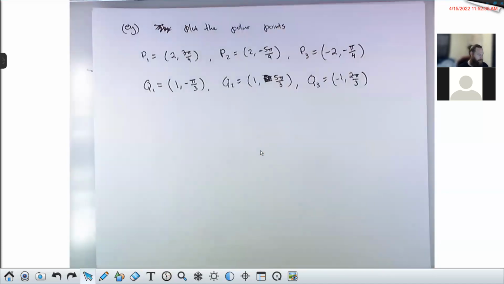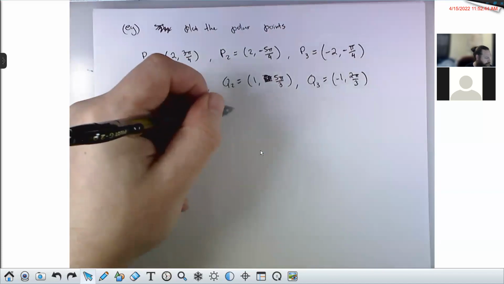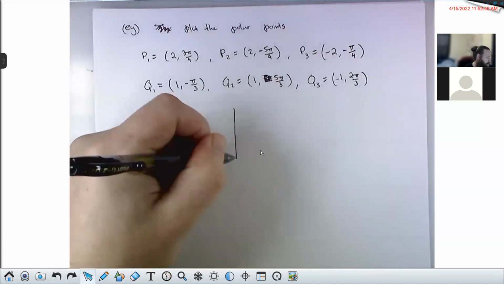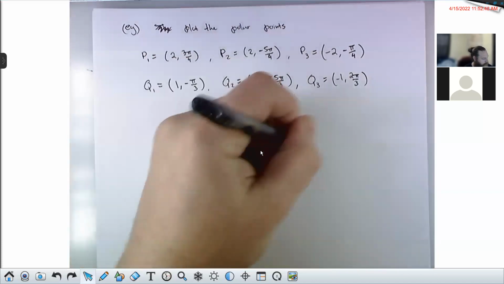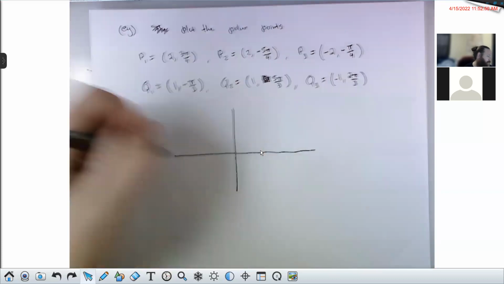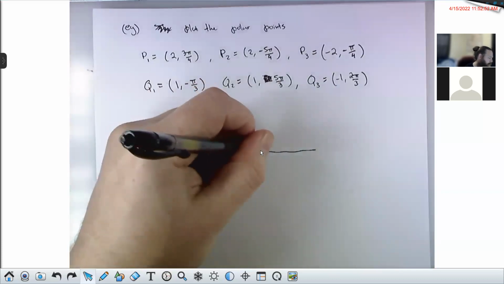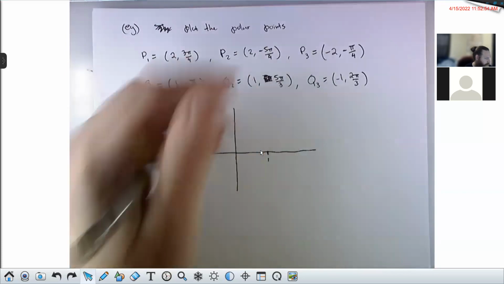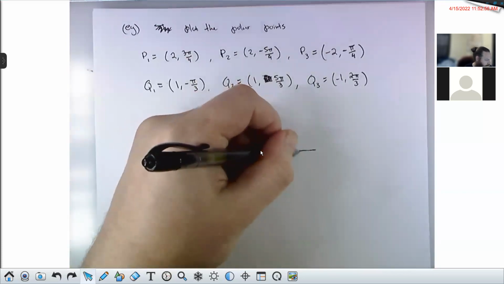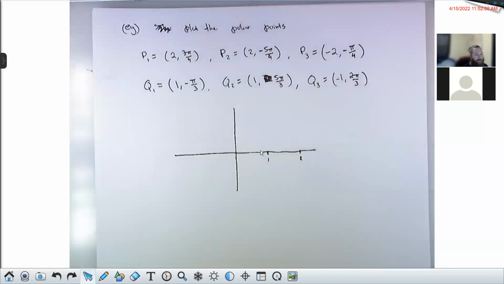I got to think about this just a little bit. It's not the most obvious thing in the world. But let's plot all 6 of these polar points. Let's see what we get.